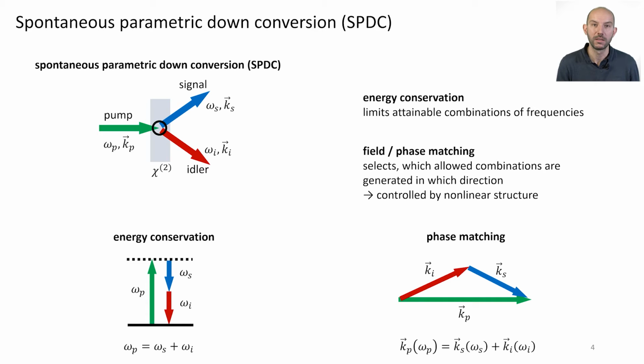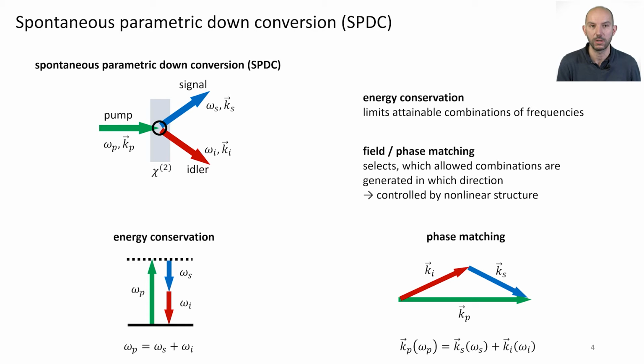Since these wave vectors depend on the frequencies through the dispersion relation of the medium, this phase matching condition in turn also controls the frequencies at which we can efficiently generate photon pairs. It's not as strict a condition as the energy conservation.